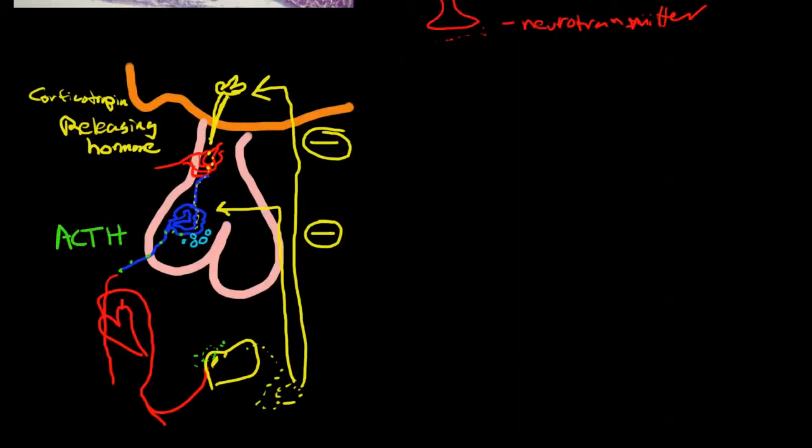Okay, so this is a glucocorticoid. The most common glucocorticoid is called cortisol. Now, what is cortisol? Well, we know it's a steroid hormone. So what does a steroid hormone mean?